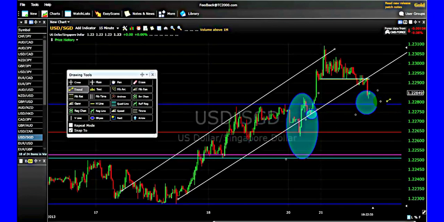So I may wait and say, all right, I'll prefer it to come to retest this level, turn around, and then pull back a bit again and give me the first higher low above it. So I'd prefer it to go back below the high to see whether there will be sellers or not.